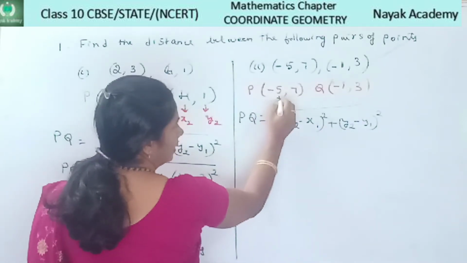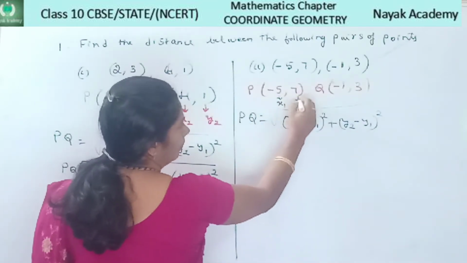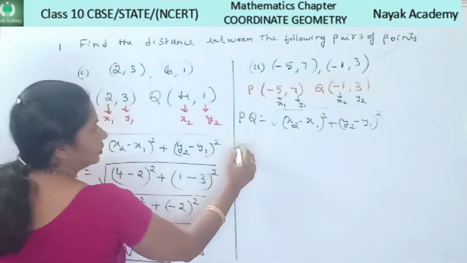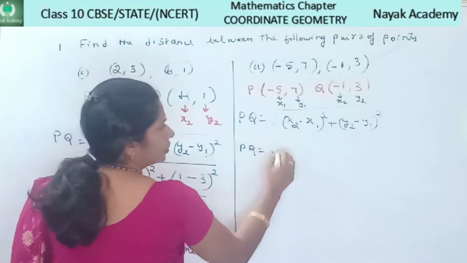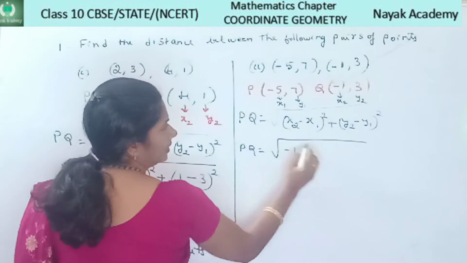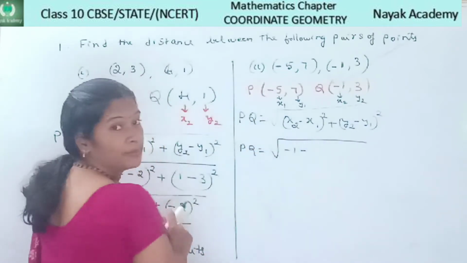So let me name this as x1, y1 and x2, y2. So PQ equals square root of x2 value is minus 1 minus x1 value is minus 5.